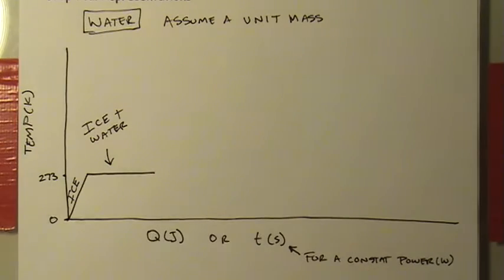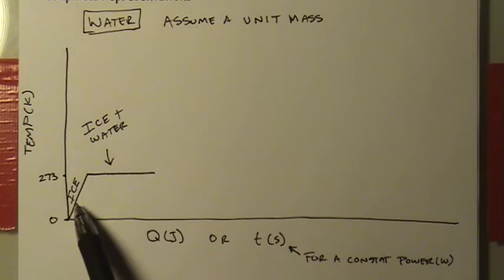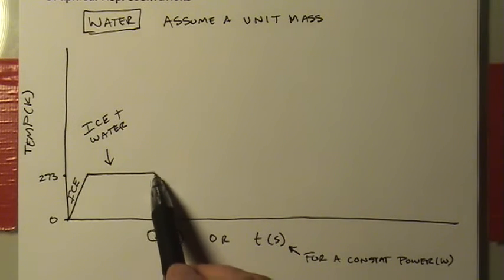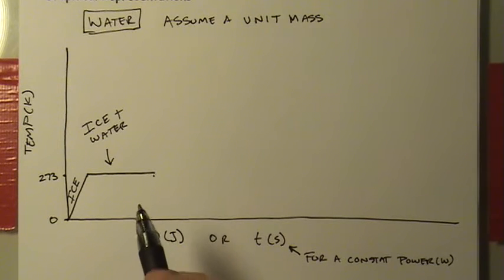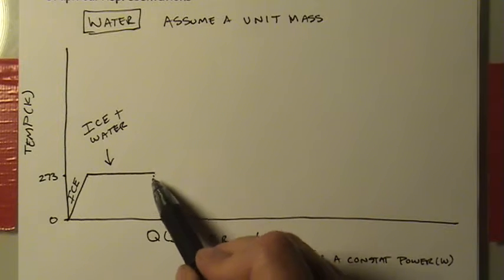So water can exist in both forms at 0 degrees Celsius, as both ice or as water. And so as we continue to pump energy in, as we continue to add energy to the substance, we'll see that there's a transition from all ice, this is all ice here at this point, and at this point it would be all water.